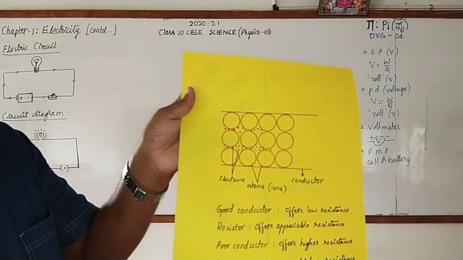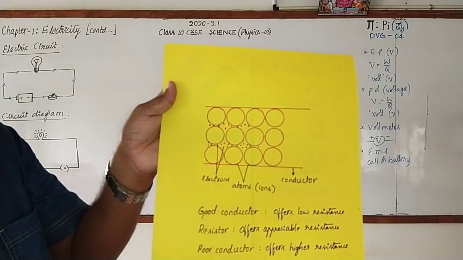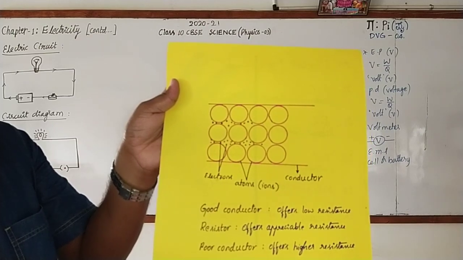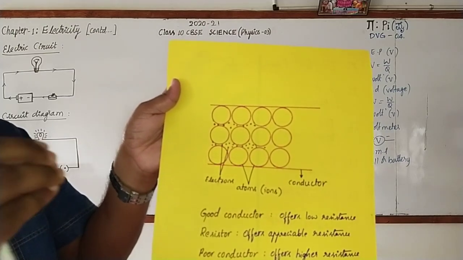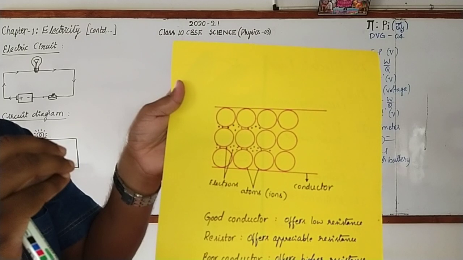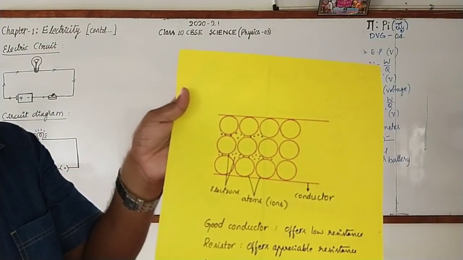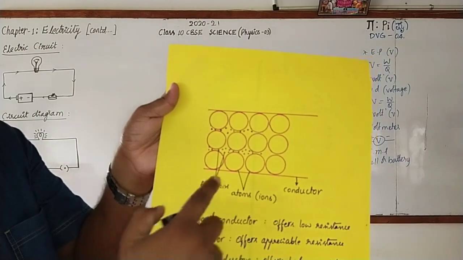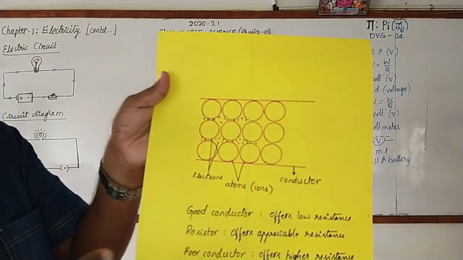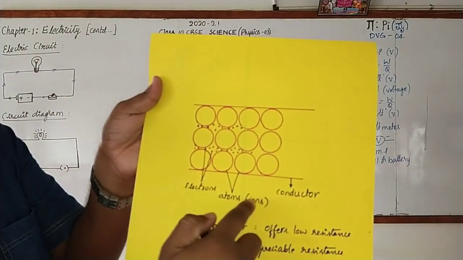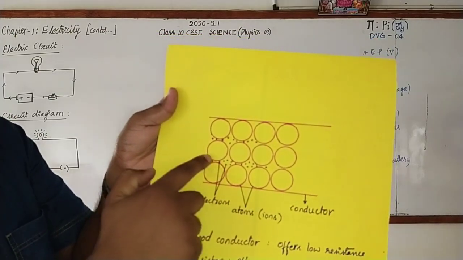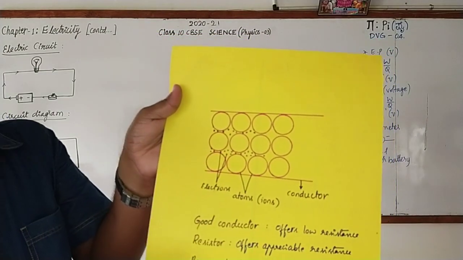We know that in those atoms there are some electrons which are very loosely bound to the atom, or they are free from the atom. Such electrons are called delocalized electrons. As the atoms lose the electrons, we can call such atoms ions, and these are called delocalized electrons.